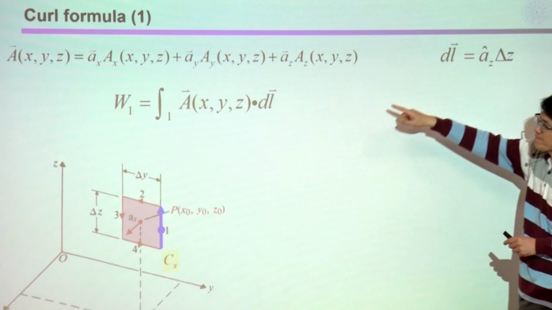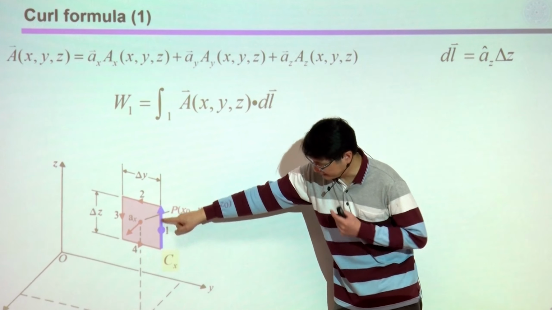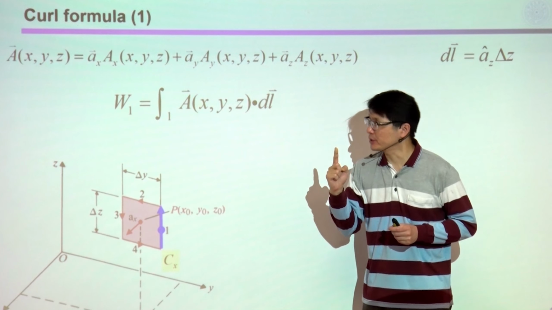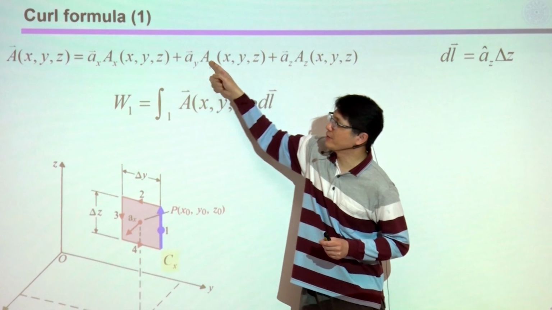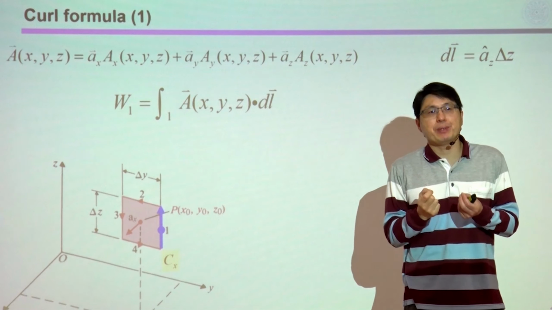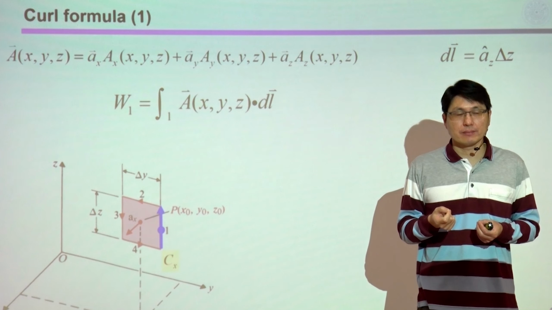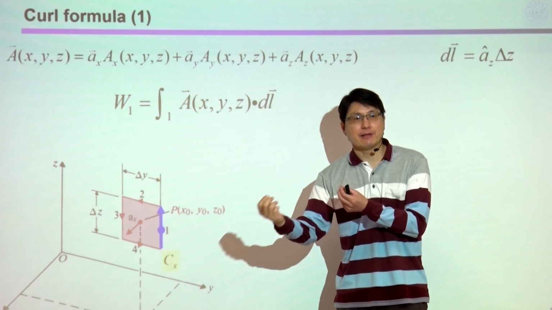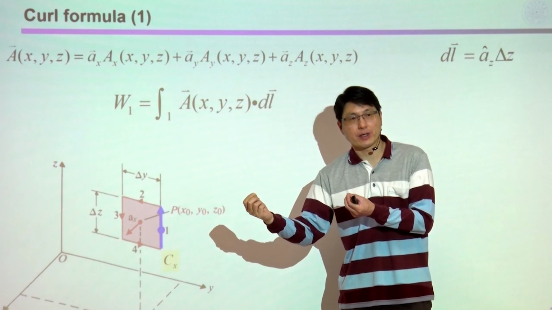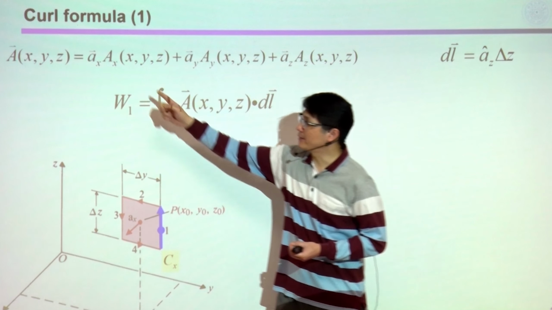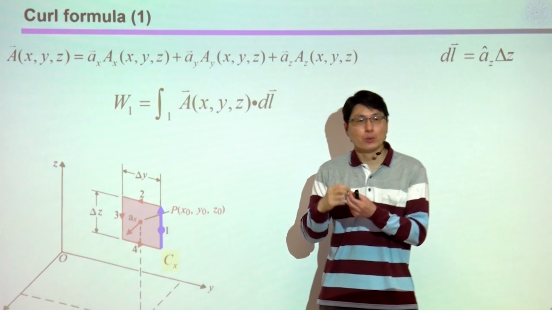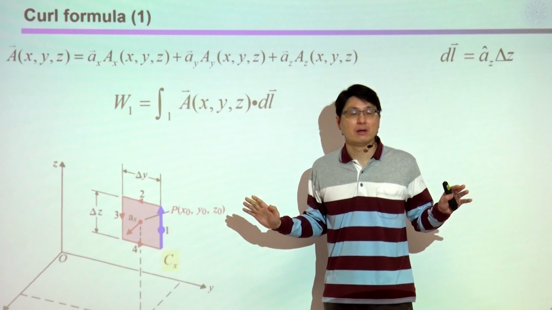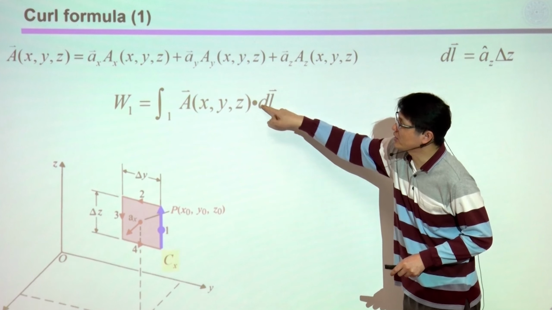So since for segment number 1, the unit direction is z direction, which component of the vector field is being sampled? Or which component of vector field A could give you work and, therefore, could give you circulation? Can x component and y component really push you in the z direction? No. Because you're making an inner dot product.